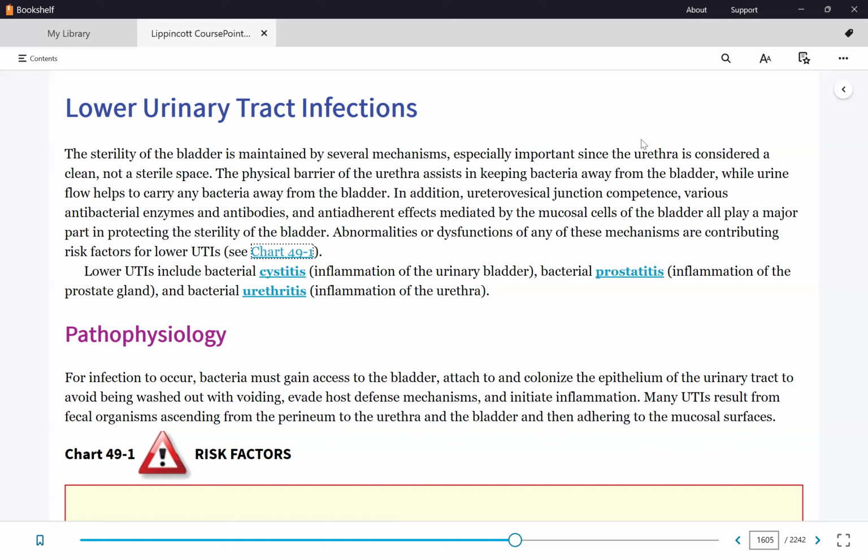Okay, so we have a sterile bladder. The bladder is sterile. However, the urinary tract, especially in the female, is not. Let's use the female, because in males there's nothing to talk about. There's one common reproductive and urinary tract, it's shared. However, in the female, it's separate. So you have the urethra above, the vagina down next to it, and then the rectum.